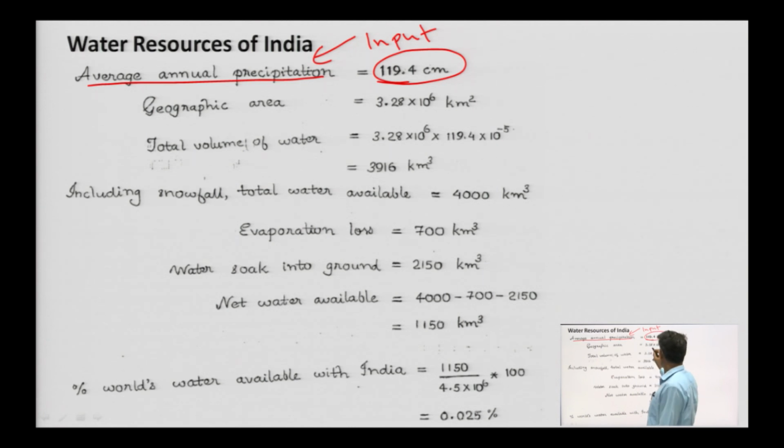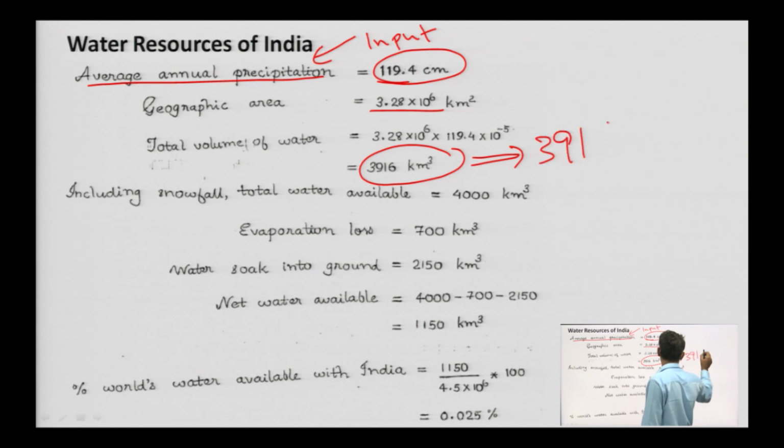Its geographical area is 3.28 into 10 to the power 6 kilometer square. Therefore, the total quantity of water available is 3916 cubic kilometer.